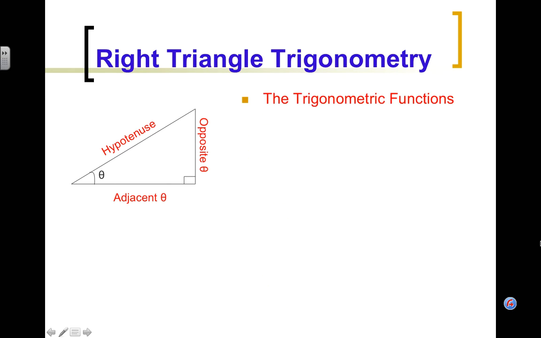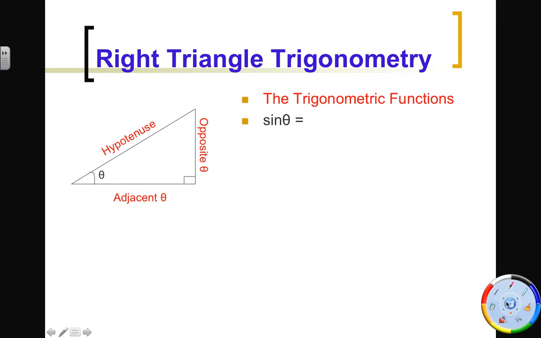What we're going to do is define our trigonometric functions. All right, so our first one is sine theta. This is not sin, actually. This is sine, S-I-N-E, sine of theta.